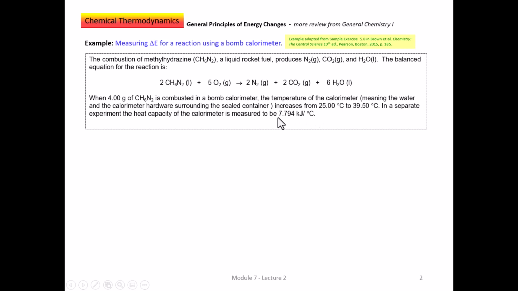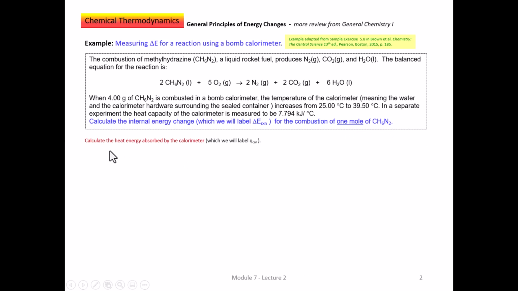And basically this is saying that this calorimeter and water assembly takes in 7.794 kilojoules of heat energy for every degree C that it changes. In any event, our task here is to calculate the internal energy change, which we'll label delta E of reaction, for the combustion of 1 mole of methylhydrazine.